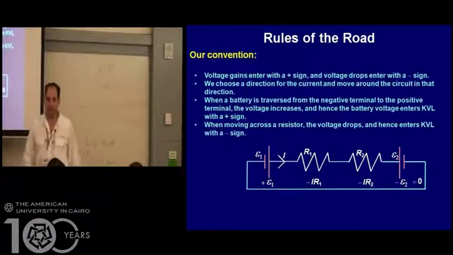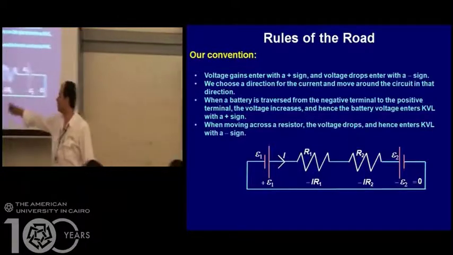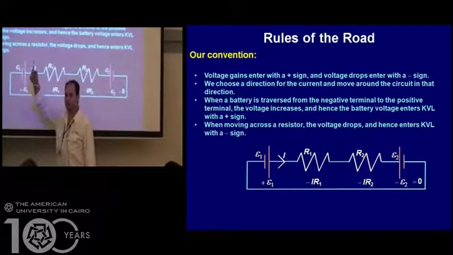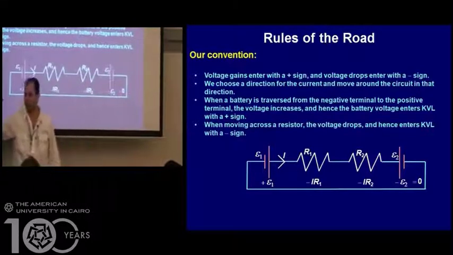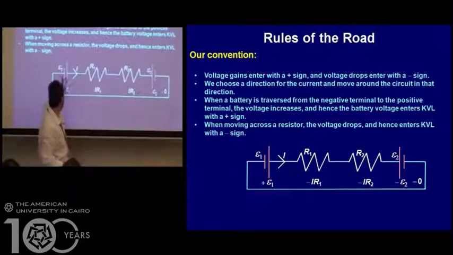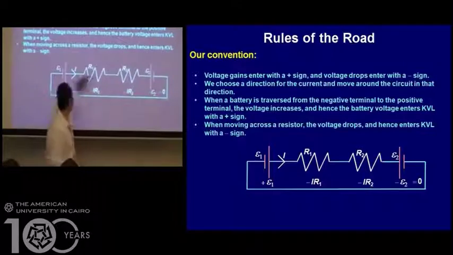And back to Kareem's question, the higher the battery, the higher the potential. That means that this will force the direction of the current. So if this E1 is 5 volts and E2 is 3 volts, this will be the direction of the current.